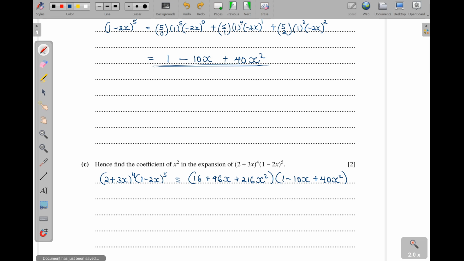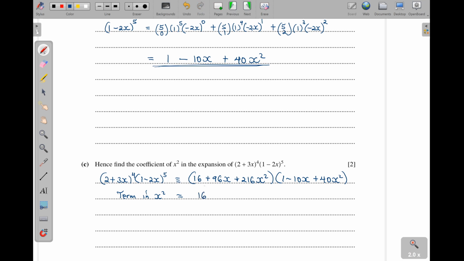Remember, whatever is in the first bracket is supposed to multiply with whatever is in the second bracket. But we don't need all of these terms. We only need the terms that we are going to multiply such that they end in x squared. So for the term in x squared, the 16 here will multiply with the 40.